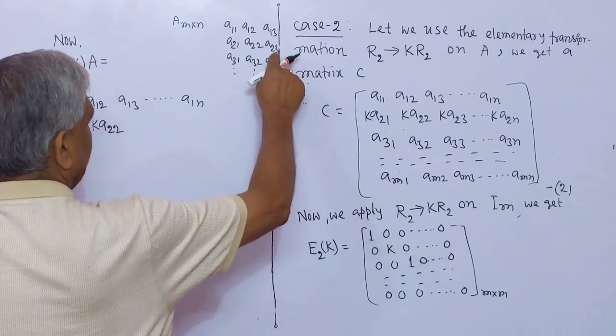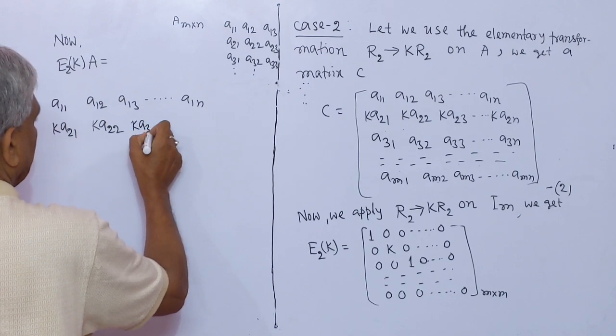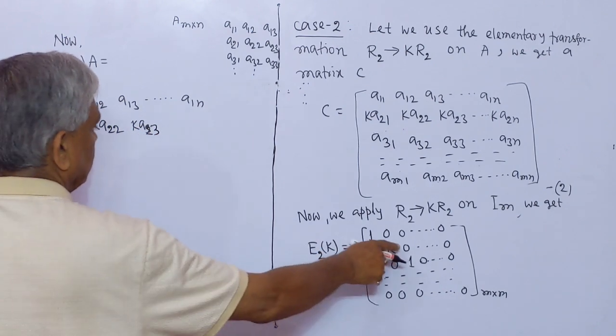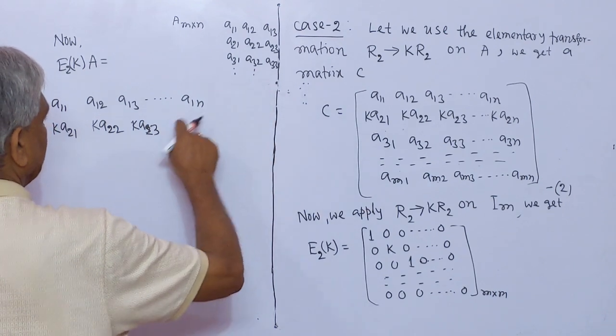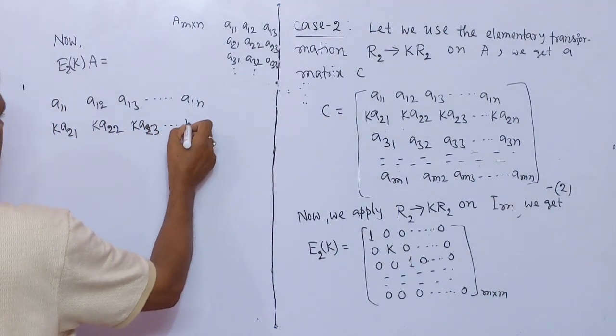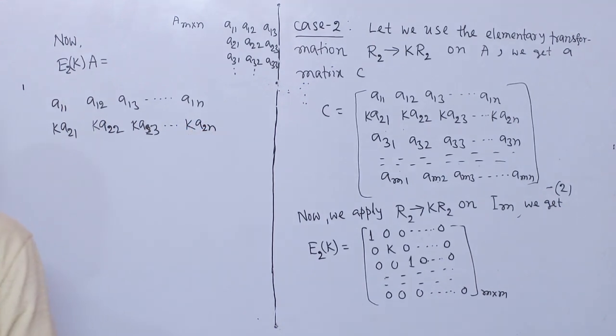K multiply A23 plus 0 multiply A33, 0 and others are 0. Similarly, K here A2n.